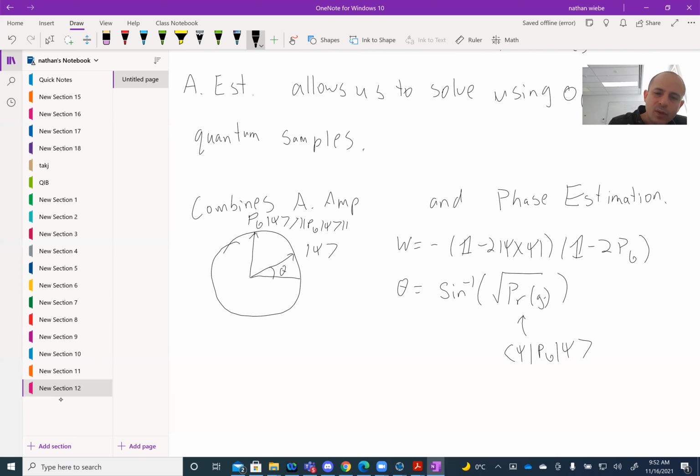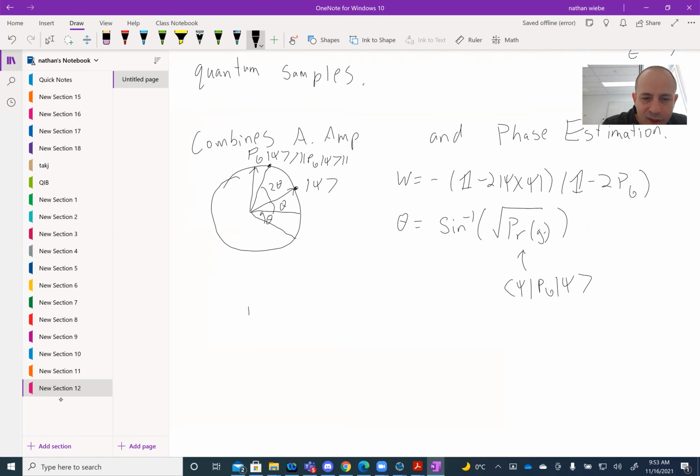And further, this first reflection gives us an angle theta reflected about the axis orthogonal to PG, and then reflecting about psi ends up rotating us up an angle now of 2 theta. So the net is we started here and we ended up there. The net is a rotation that increments us up by 2 theta.